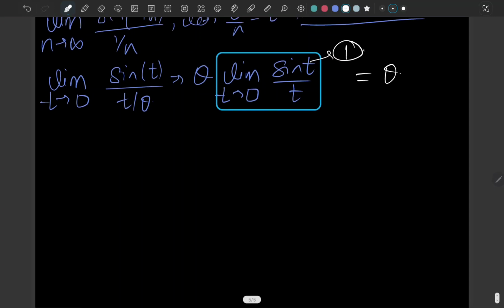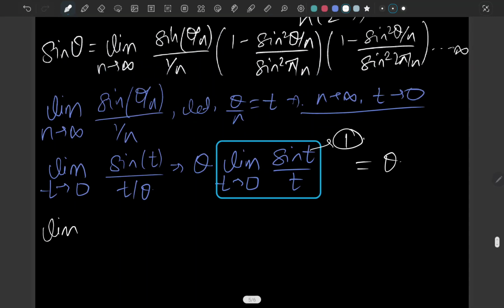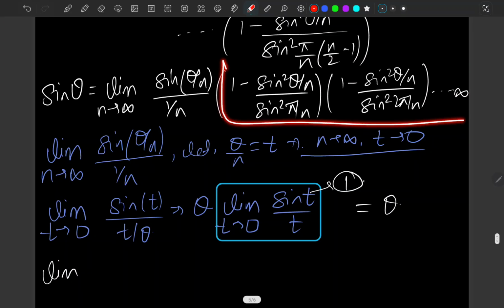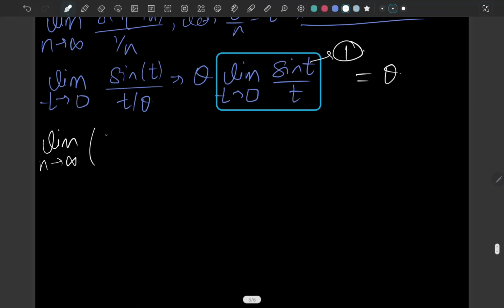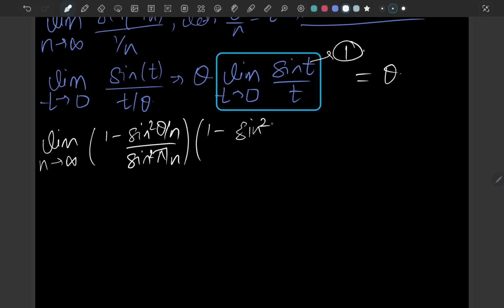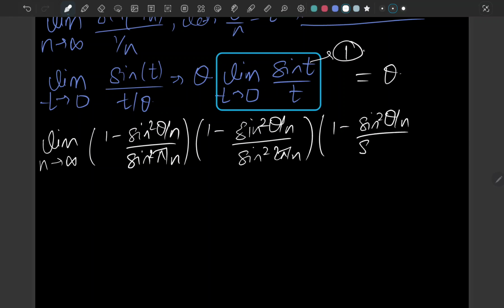And if we talk about the second limit, the big chunk of things here: the limit as n tends to infinity of 1 minus sine squared theta over n over sine squared pi over n, then 1 minus sine squared theta over n over sine squared 2 pi over n, then 1 minus sine squared theta over n over sine squared 3 pi over n, and this goes up to infinity.